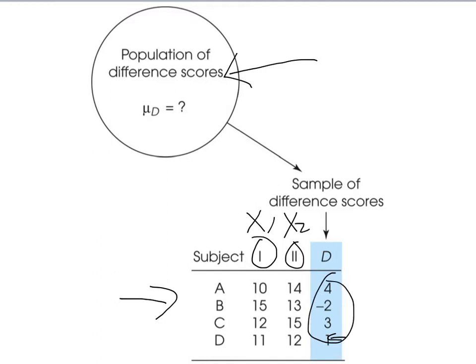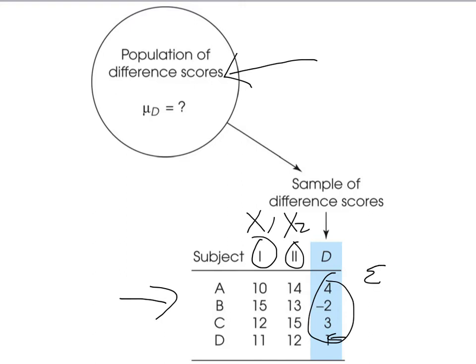What we want to know is, when you average out these difference scores, would that average difference be 0, or would it be something different from 0? If we add these scores, we have 4 plus 3 is 7, plus 1 is 8, minus 2 is 6.